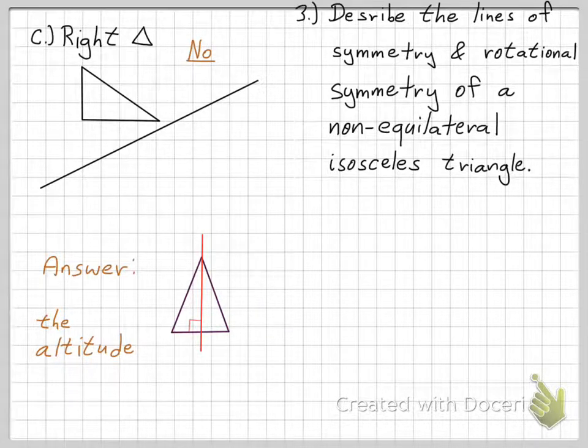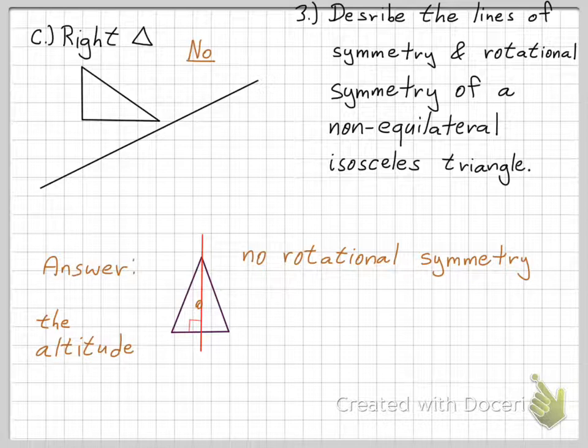Now let's answer this question. Does it have rotational symmetry? And there is no rotational symmetry. I cannot take this figure and rotate it about the center of the figure, 180 degrees or less, and make the figure look like this again.